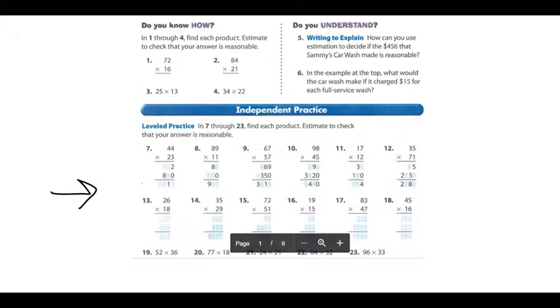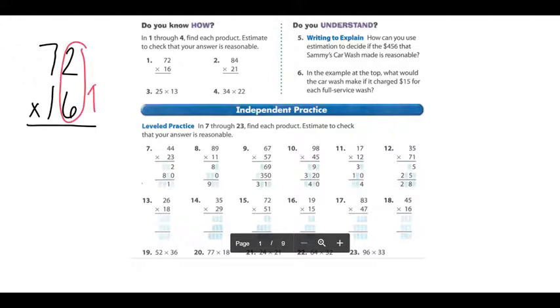All right, so let's go ahead and look at number 1. Go ahead and write that down. Essentially what we're doing is multiplying each place value by each place value, and you'll see what I mean as we go. The first thing I'm going to do is multiply the 1. I'm just going to circle that, or you could put a little arrow, whatever works for you. 2 times 6 is 12, so I know I've got 2 ones, and I have to regroup my 10s.